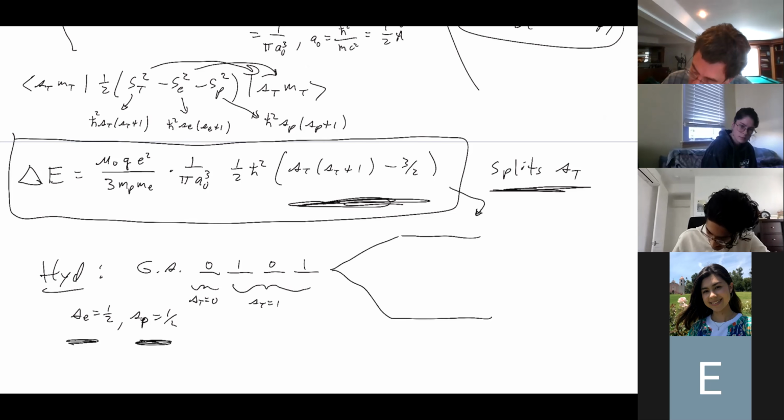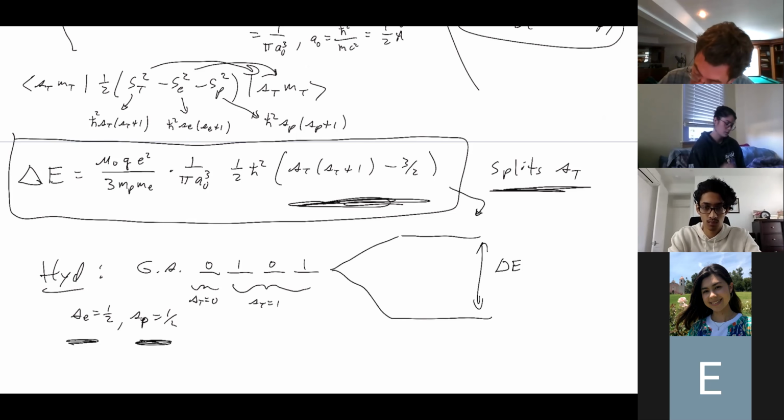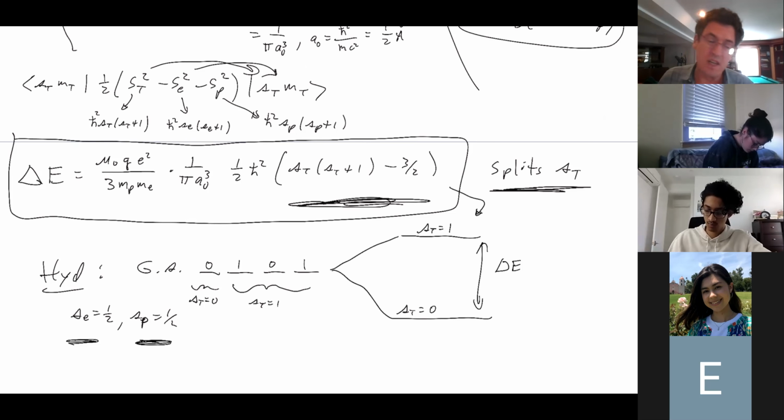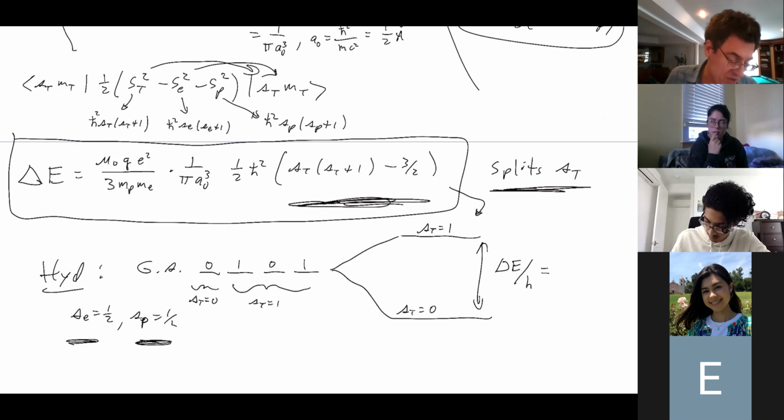And we're going to get some change in energy between them, delta E. And so if you calculate this delta E from this formula, where the higher state is S total equals 1, and the lower state is S total equals 0, then you get some energy. And if you plug in all the numbers for hydrogen into that little formula, you get a number. And if you divide that energy by H, Planck's constant, you get a frequency.